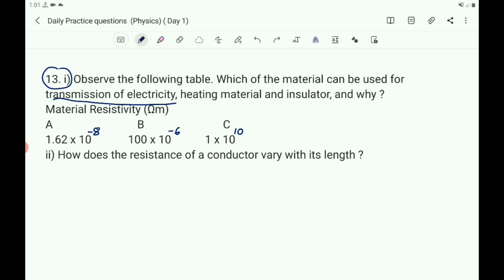They offer very low resistance to the flow of current. Since material A has the lowest resistivity, it is a good conductor of electricity which can be used for the transmission of electricity.